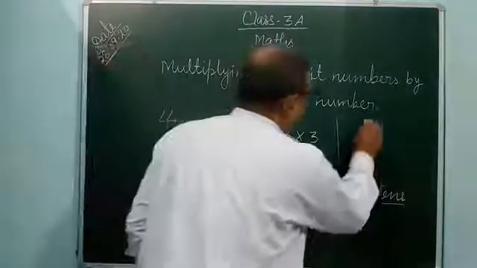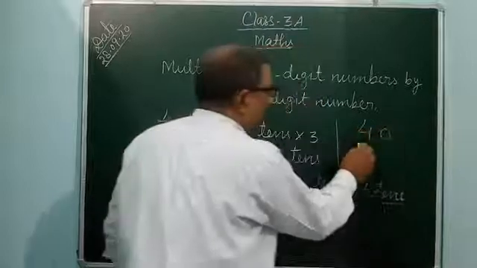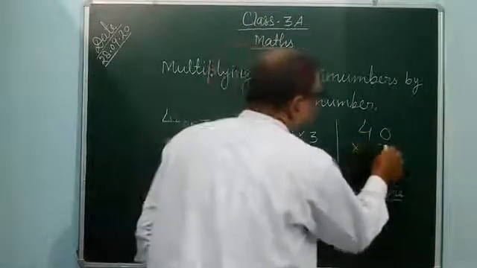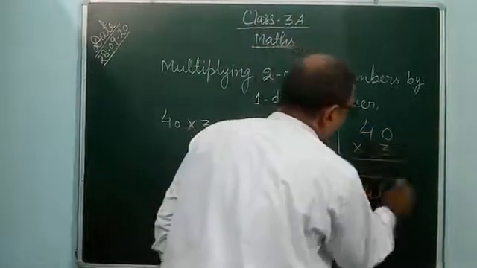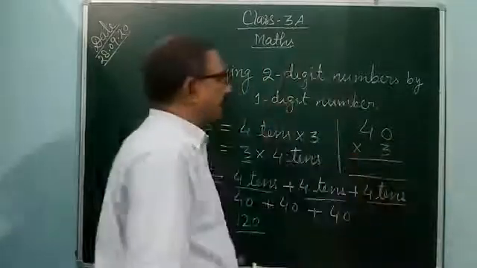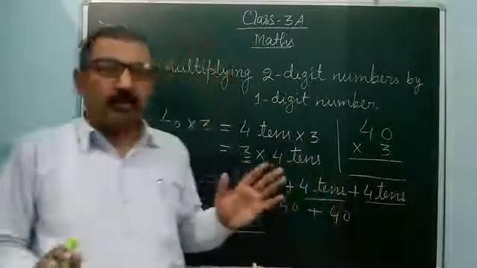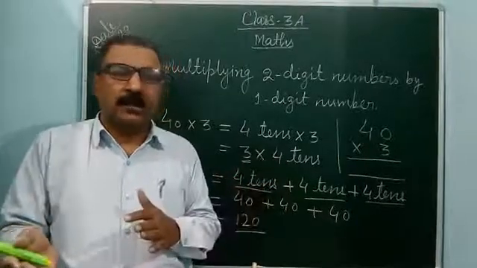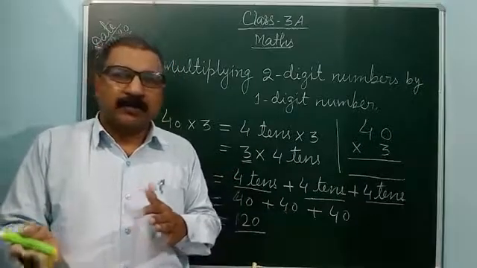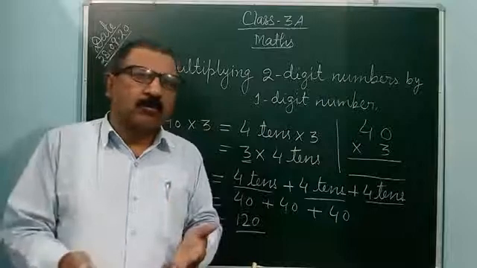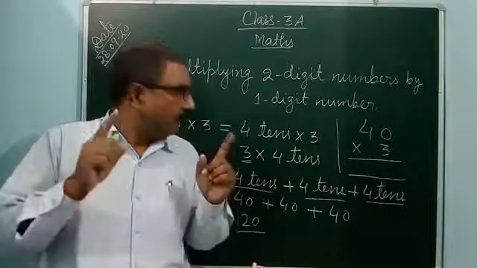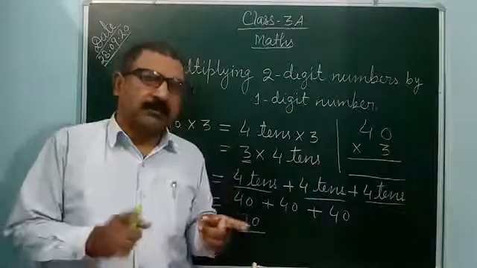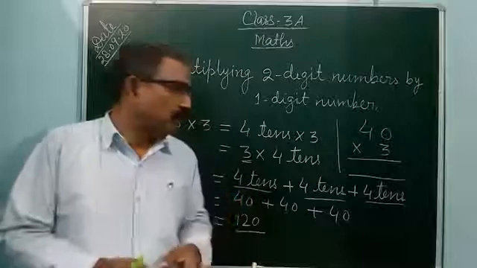How? See, 40 multiplied by 3. If you multiply any number with 0, the result will always be 0.